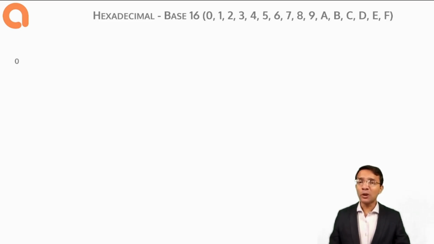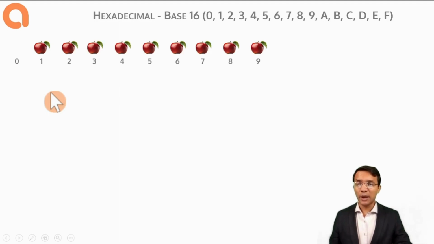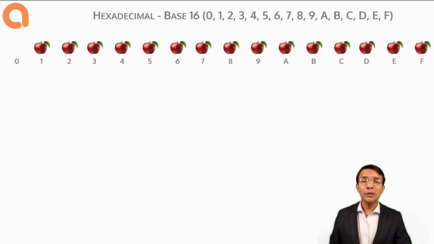As before, when we have no apples, we say we have 0 apples. And we start counting 1 apple like this, 2 apples, 3 apples and up to 9 apples like this. For the next few apples, we will denote the 10th apple by an A and keep denoting the next apples by B, C, D, E and F as the 15th apple.